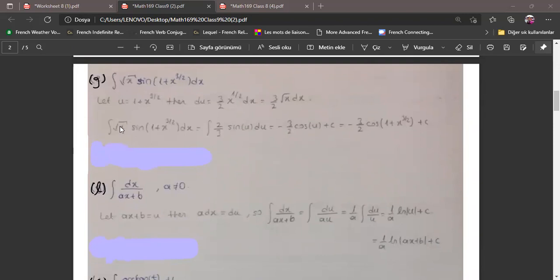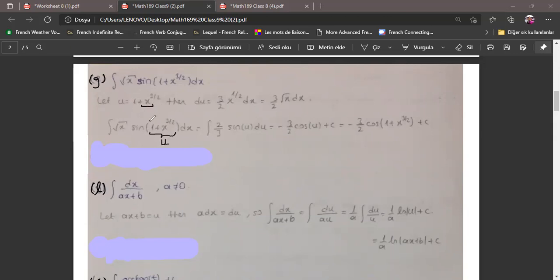And what about this one? We will first substitute this one, u equals 1 plus x to the 3 over 2, right? Now differentiate that, du is equal to, so write the derivative of this with respect to x, so it gives this one, okay? So basically we have this, du is equal to this one, right? Now, this is equal to u, right? We make that substitution.